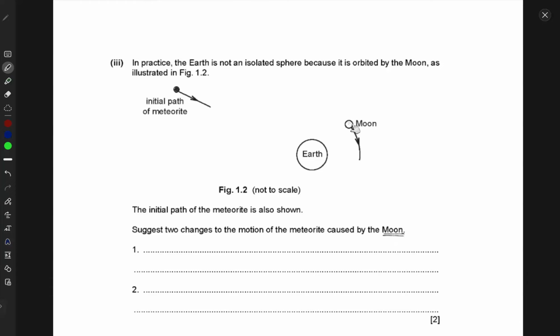So because there is gravitational field due to Earth over here, but there's also some gravitational field because of this moon present in the orbit of the Earth.